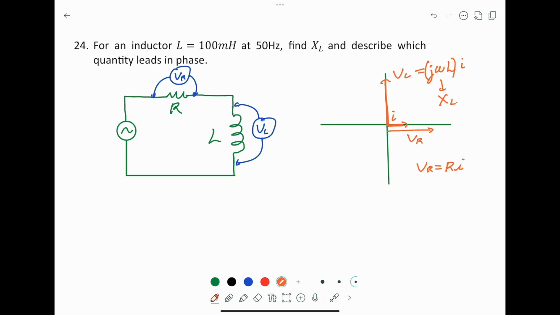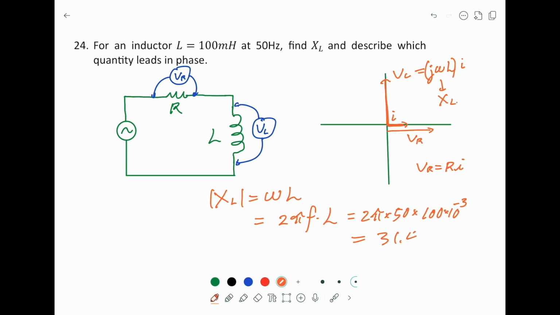So the magnitude of the complex impedance for the inductor is equal to omega L, and this is 2 pi times frequency multiplied by L, 2 pi times 50 times 100 times 10 to the minus 3 henry. So you should get 31.4 ohms.